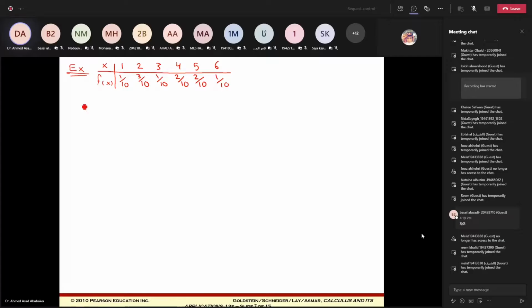And we need to, number 1, verify that f of x is a probability mass function.